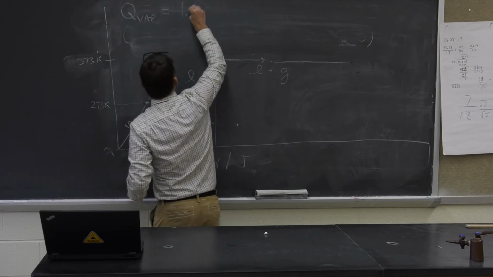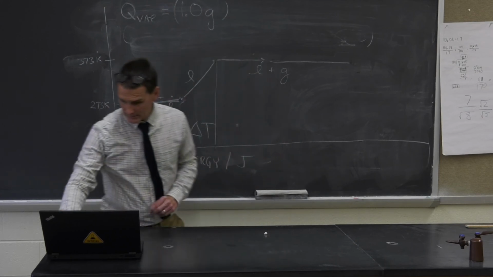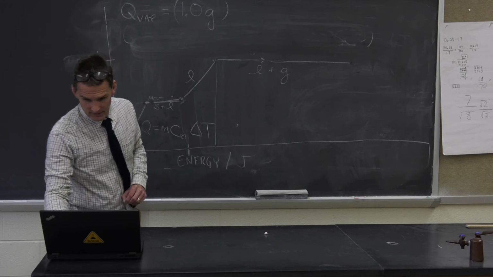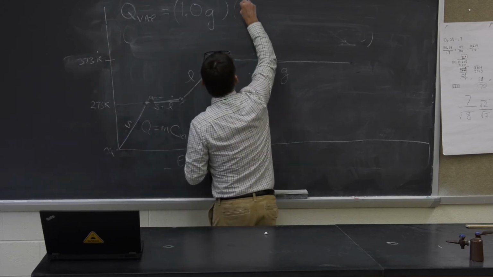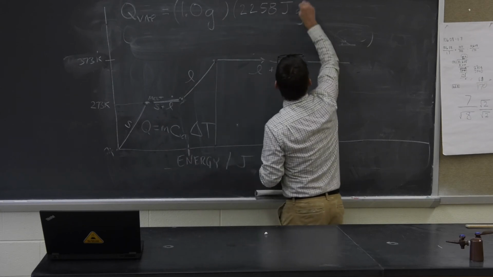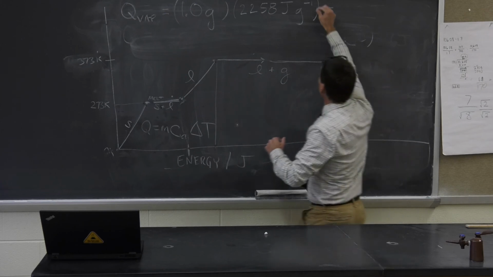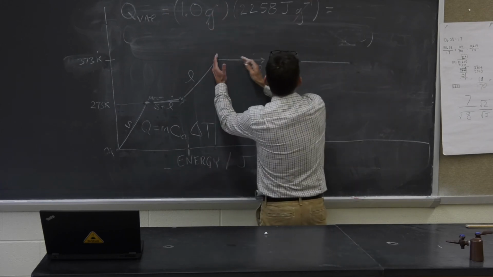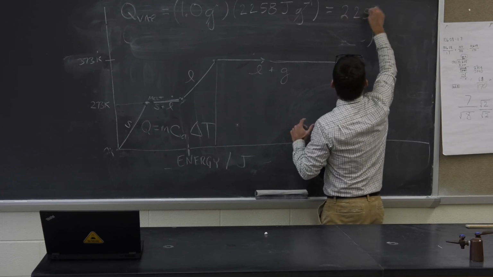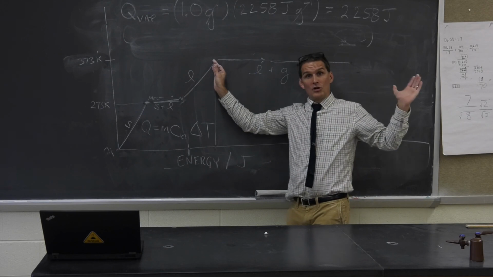That's going to be how much mass I'm vaporizing, which is 1 gram. And if you look at slide 16, it's 2,258 joules to evaporate a gram of water, and that's pretty easy. You do the multiplication, these cancel, and this step is going to require, wow, 2,258 joules of energy. That's why that line is so long.